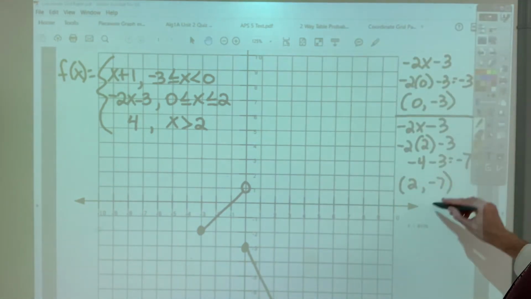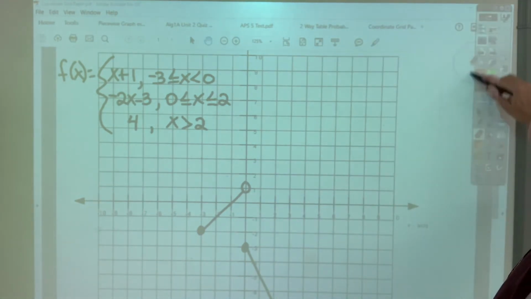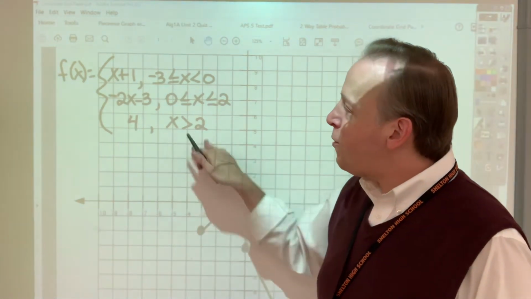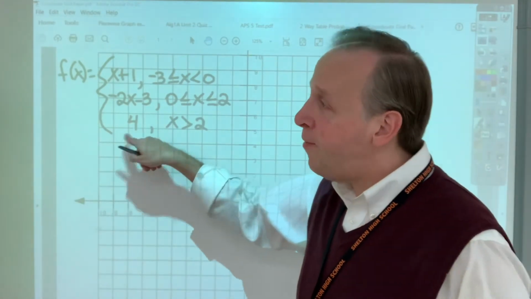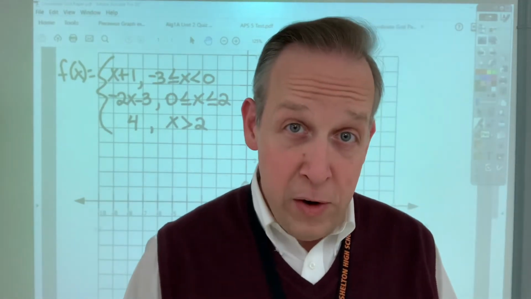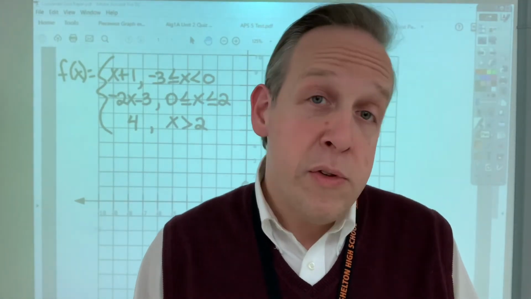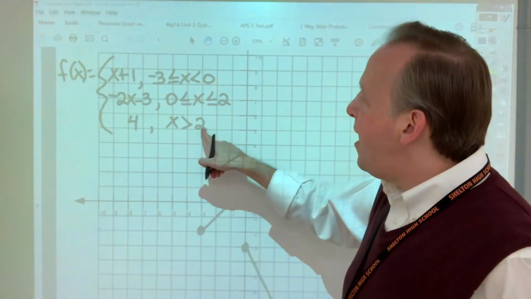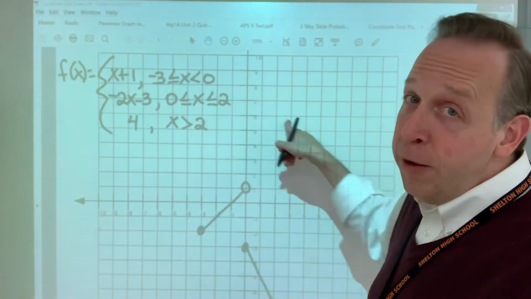I'm going to erase what I've done for work and then continue to the very last piece. Well, the very last piece is pretty simple because there's no x variable, which means when there's no x variable, the slope is 0. So it's a horizontal line that goes through 4 from an x value of 2 and beyond.